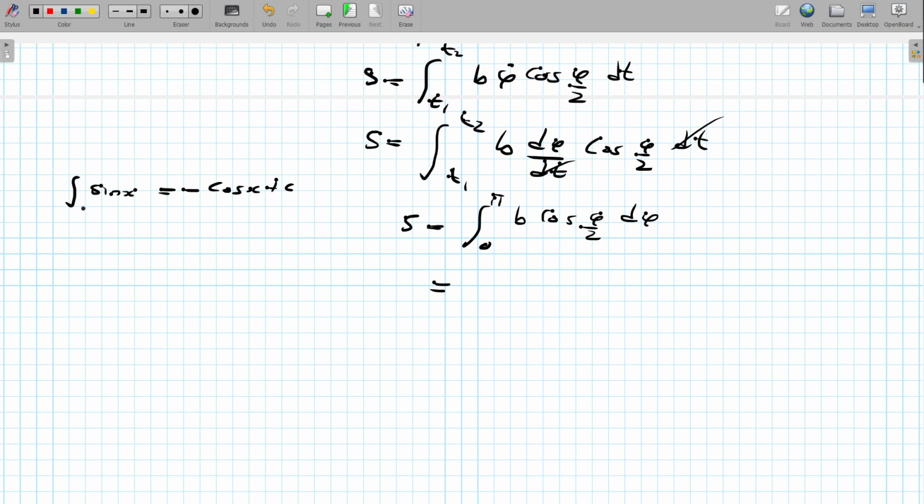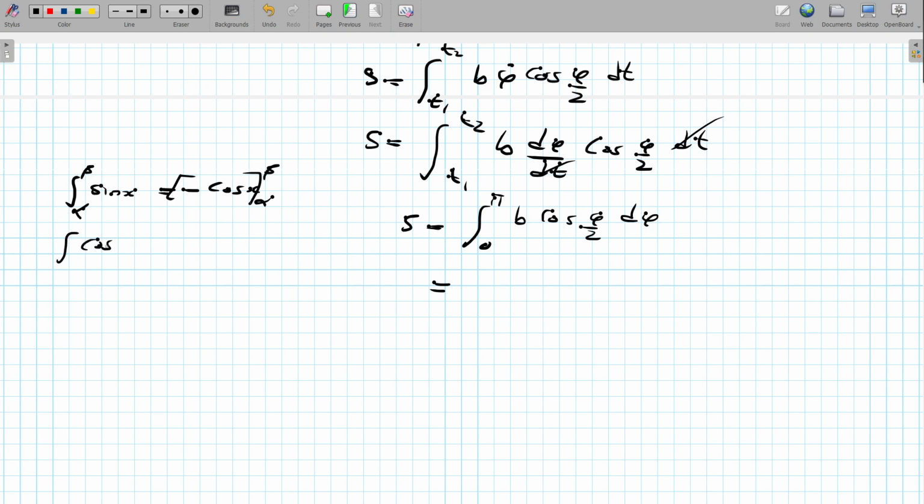But if we're integrating between maybe some bound alpha and some bound beta, like so, then the result here is going to be minus cosine x, evaluated between alpha and beta.